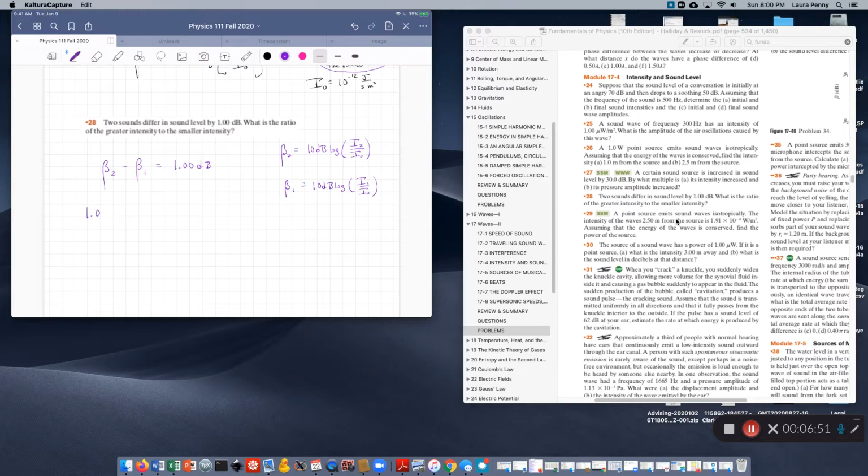So if I put these in here, say 1 decibel, and I write this all out, I'll say 10 decibels log of I2 over I0 minus 10 decibels log of I1 over I0. Let me bring the 10 decibels out. And then I have log of I2 over I0 minus log of I1 over I0.